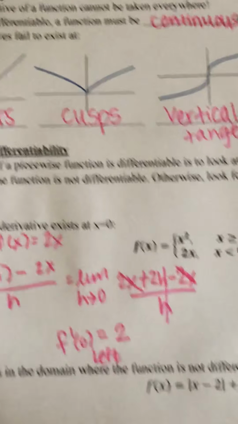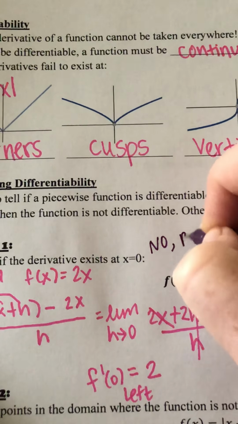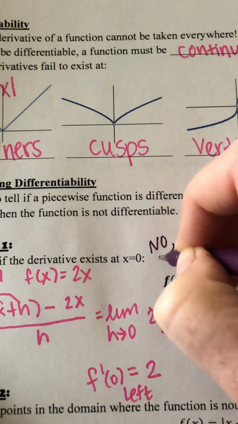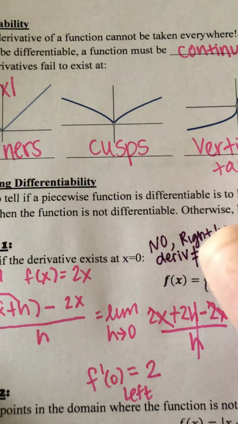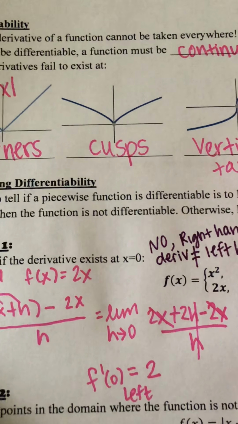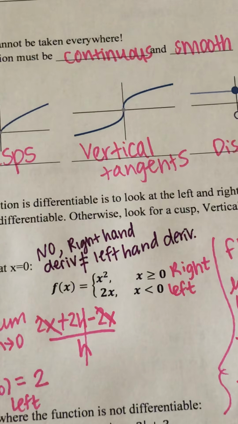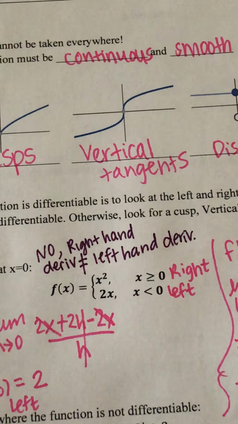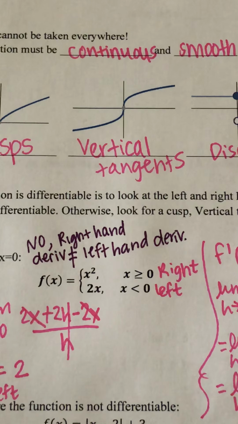So the right side is 0, the left side is 2. So no, the right hand derivative does not equal the left hand derivative.